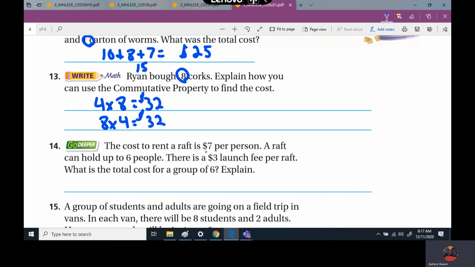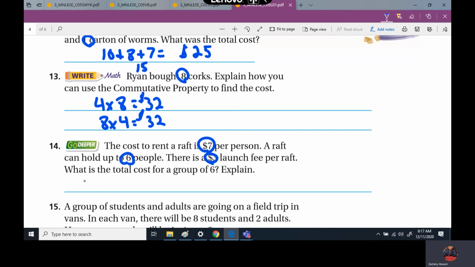The cost to rent a raft is $7 per person. A raft could hold up to 6 people. There's a $3 launch fee per raft. What is the total cost for the group of 6? So 6 people can ride the raft at $7 per person, and then each raft has $3 added onto it.